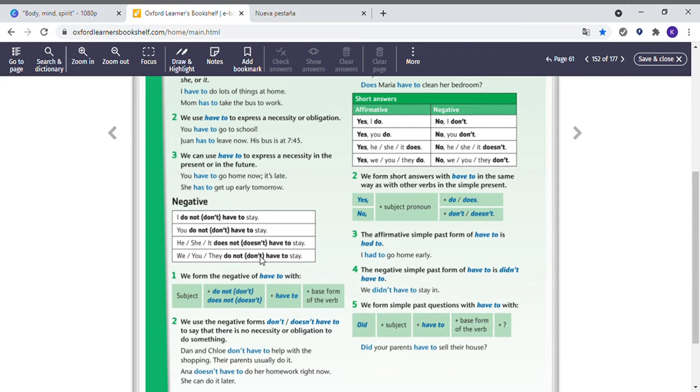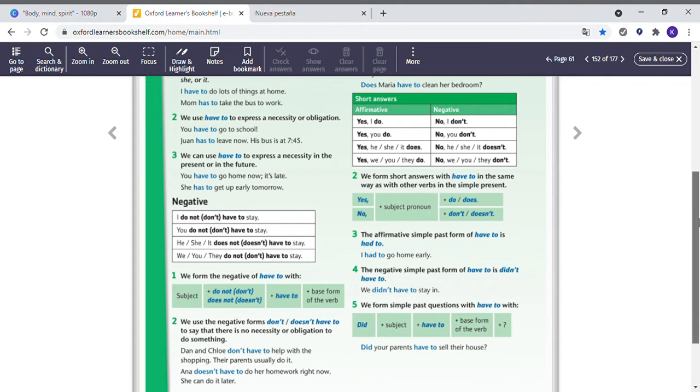Okay? Don't have to and the verb. Chicos, el don't significa no. Es la negación, okay? So, in the case of he, she, and it, we are gonna use does not. Or in the short form, doesn't. Doesn't have to. Look at here.